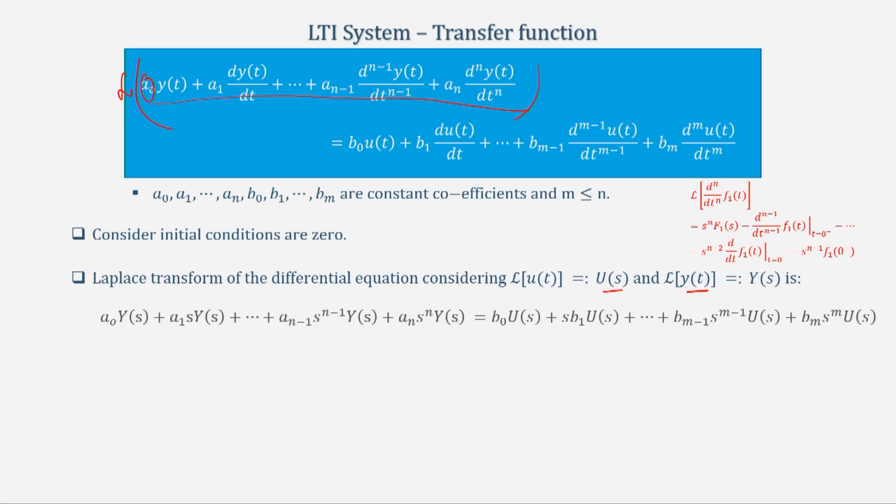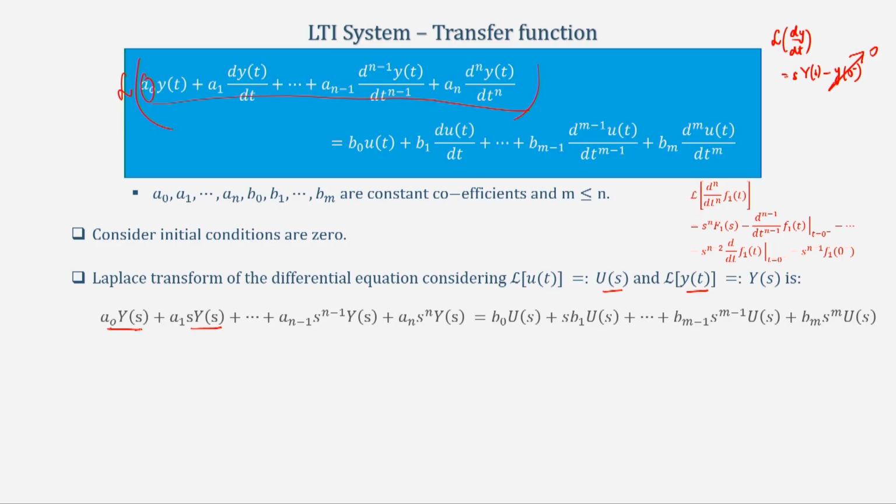So a0 times the Laplace transform of y(t) is Y(s). A1 I can take out. The Laplace transform of dy/dt is sY(s) minus y(0 minus), but this is 0 because initial conditions are all 0.